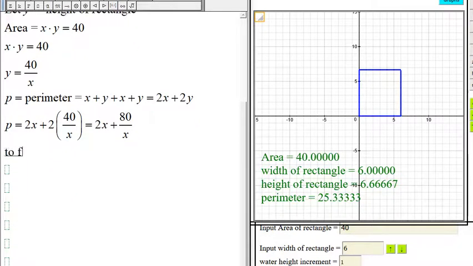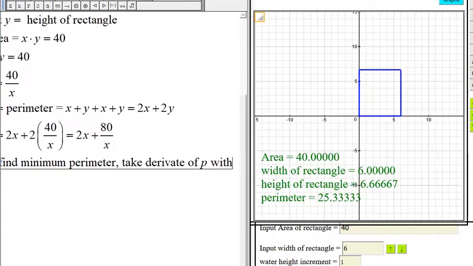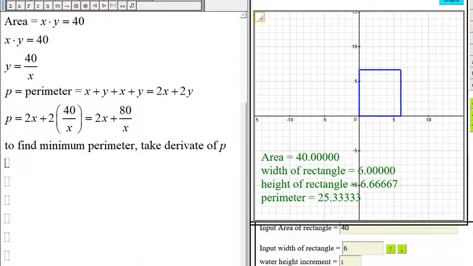And now to find the minimum perimeter, take the derivative of p with respect to x. So we have dp over dx.